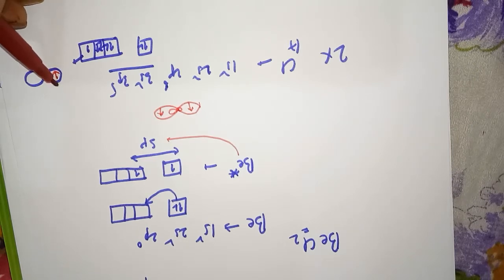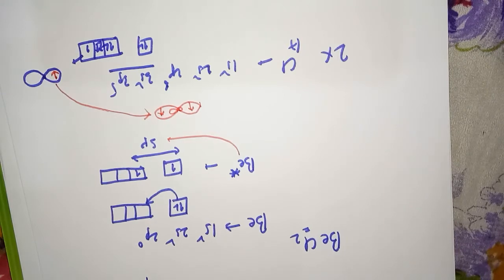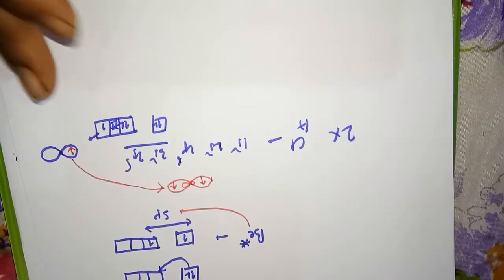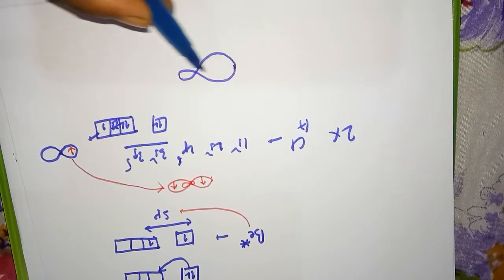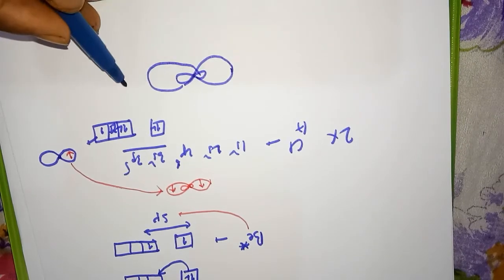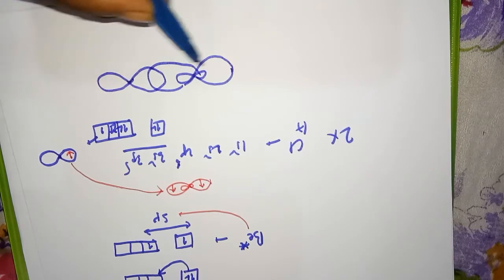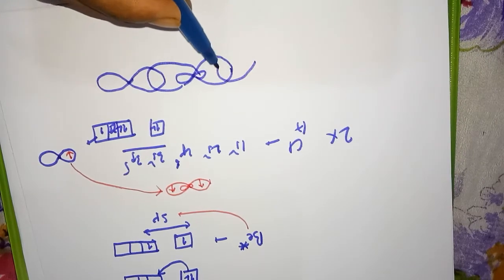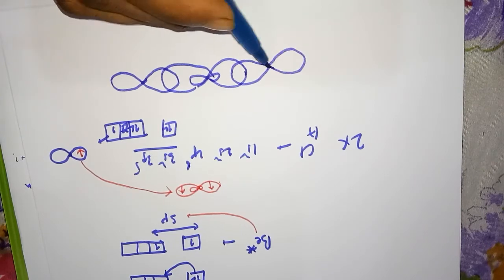Now 2 of them are going to join with this one to give you the final structure of beryllium chloride, and the final structure will be like that. This is another, this is another, this will be the overlapping, this will be the other overlapping.